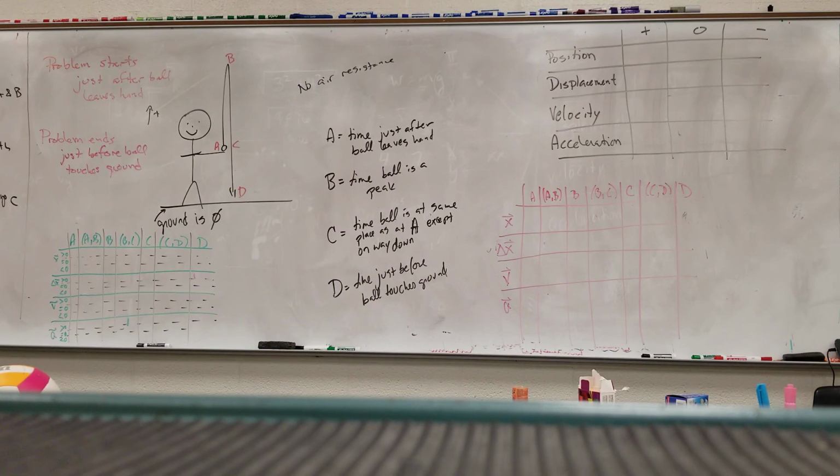But pick the one that you like the best. You're confusing position and displacement here. Position appears above where 0 is, or the origin. Displacement appears above 0. So I'm good with your displacement line.